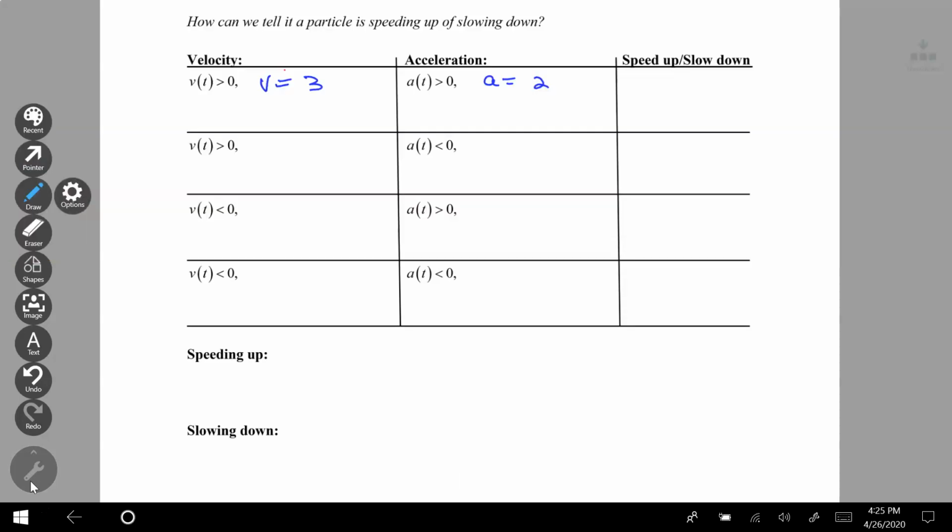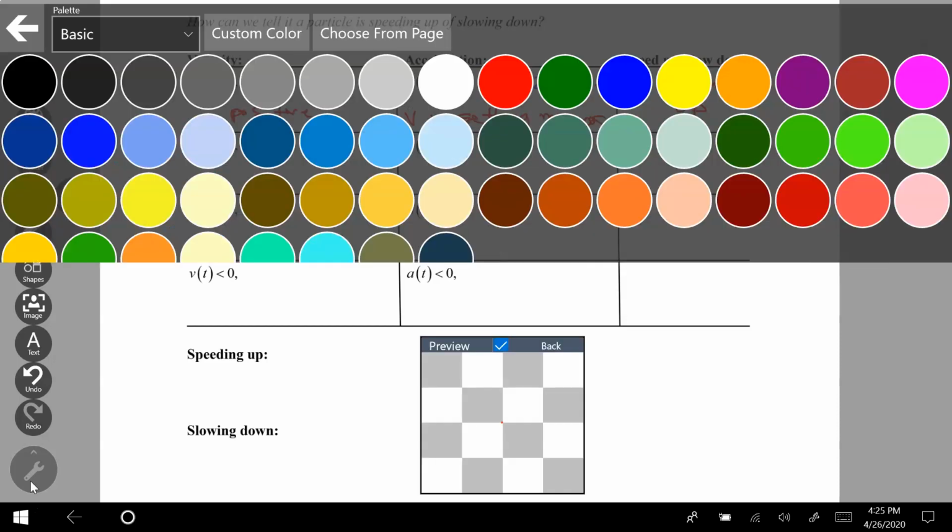That means this is positive, and this is also positive, which means my velocity is getting more positive, which means I'm speeding up. My velocity is positive, and it's getting more positive. I'm speeding up.